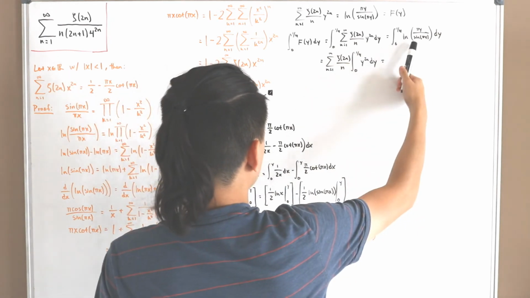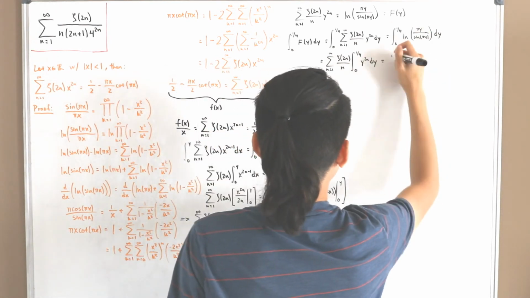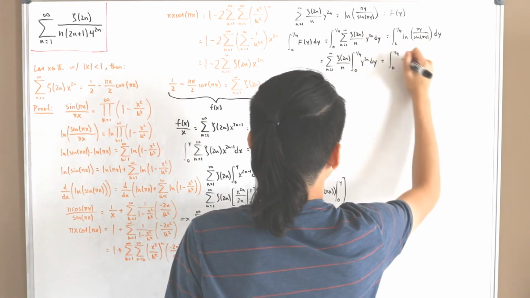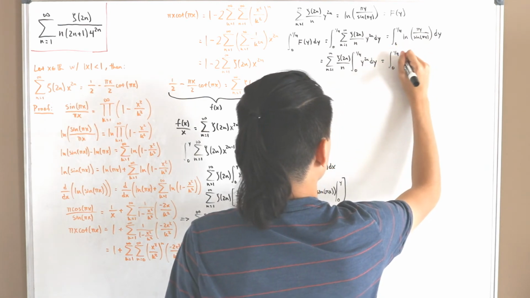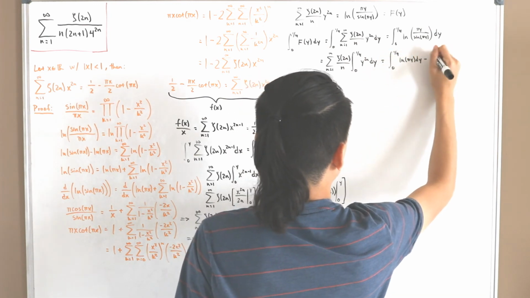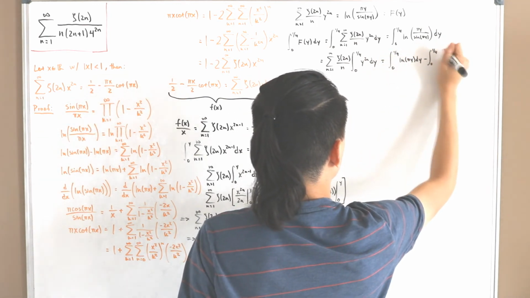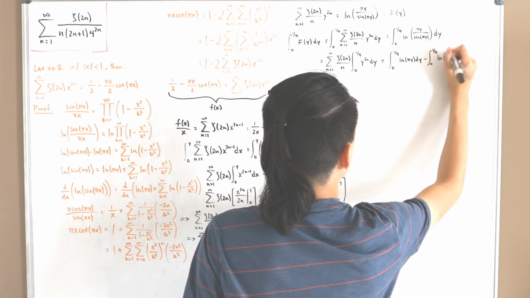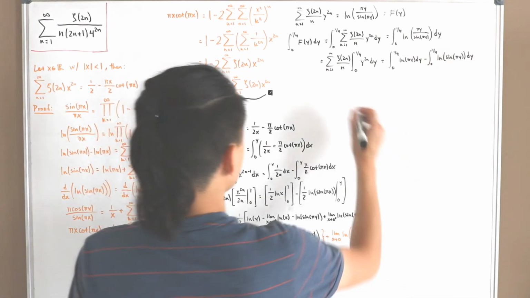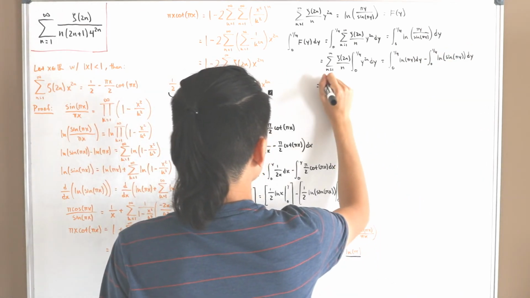Then we can use the rules of natural logs and linearity to integrate two different integrals: the integral from 0 to 1/4 of the natural log of pi y dy, subtracted by the integral from 0 to 1/4 of the natural log of sine of pi y. Of course, now you just evaluate our bounds.